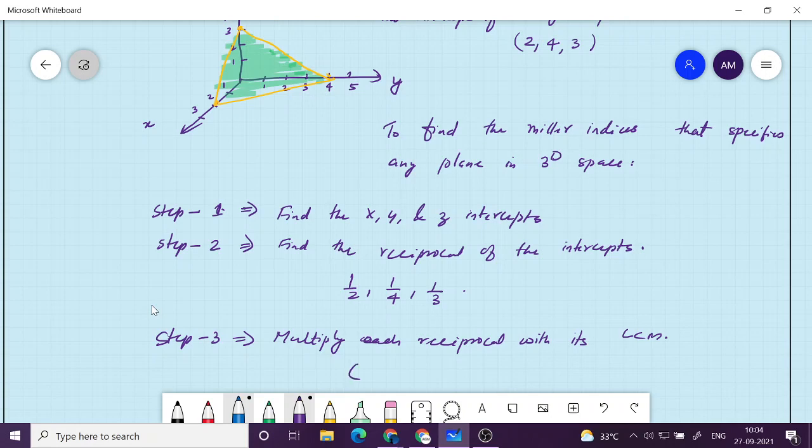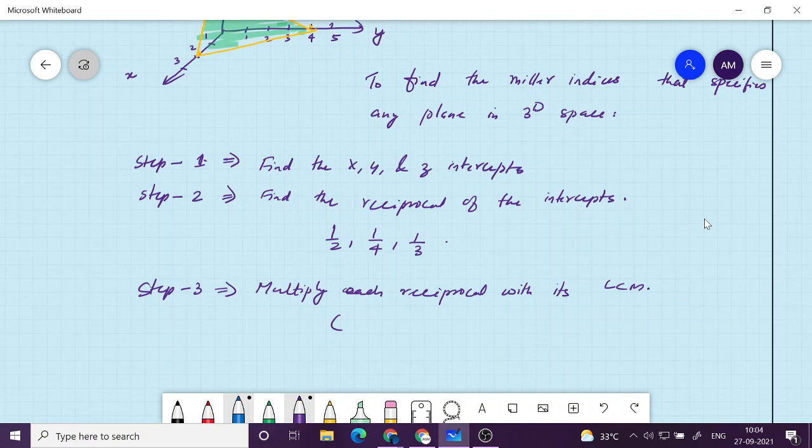So first we had the intercepts which are 2, 4 and 3, then we had 1 by 2, 1 by 4, 1 by 3 and then multiply each with its LCM.